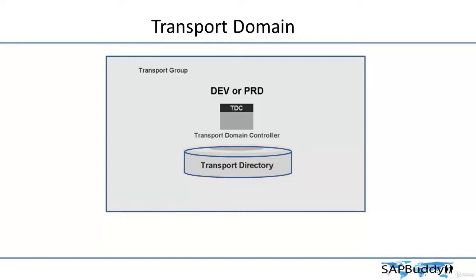So how do we select a system as a domain controller? We need to consider that you are going to save the configurations of your transport domain, for example transport routes and everything, in the domain controller. So there is a central system which is going to control the entire SAP landscape.